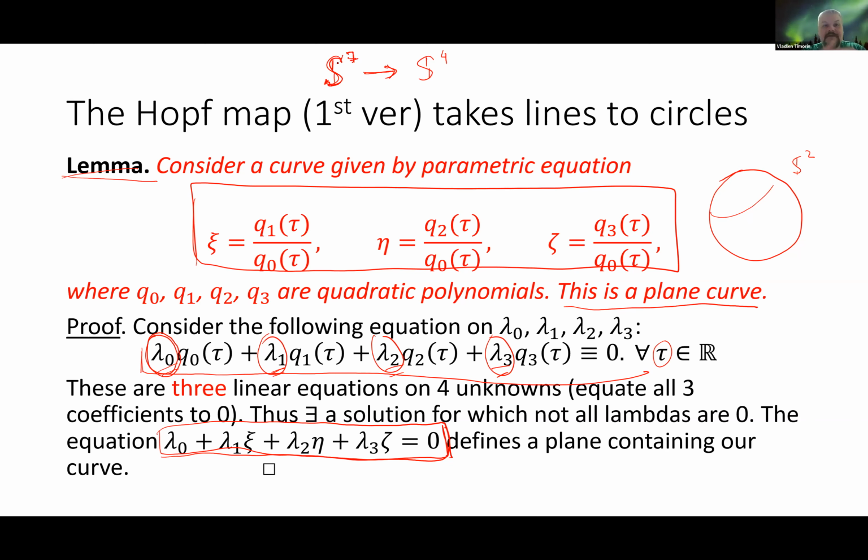So geodesics in the sense of the usual metric, and every great circle in S7 is mapped to a circle in S4. But not necessarily a great circle, just some circle, as in the case of the usual Hopf map.